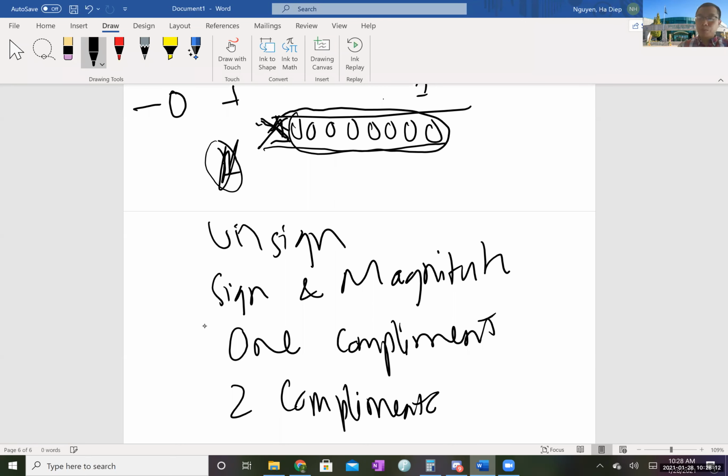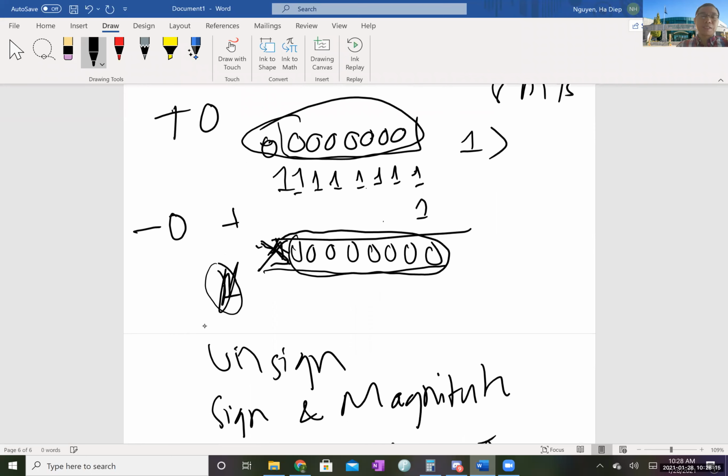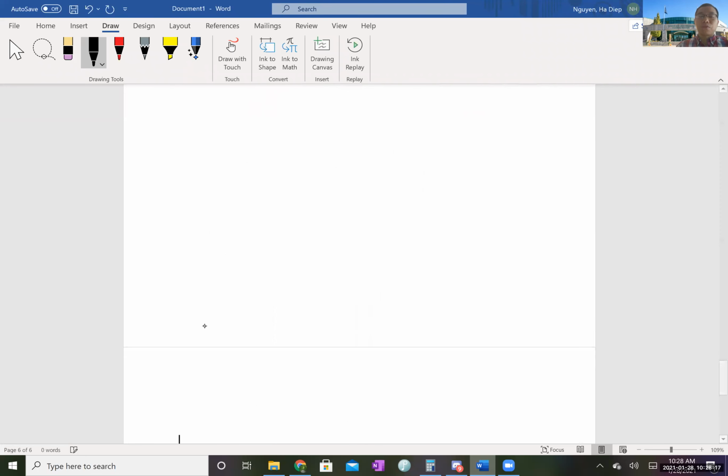Now, what happens if you want to represent a floating number here? Think about if you want to do 8.3 here. In the case of a floating point, they break it down into, actually, 3 portions.